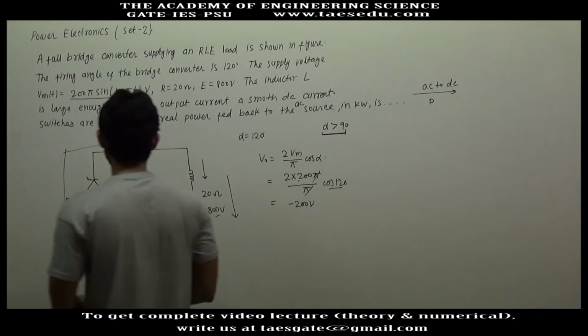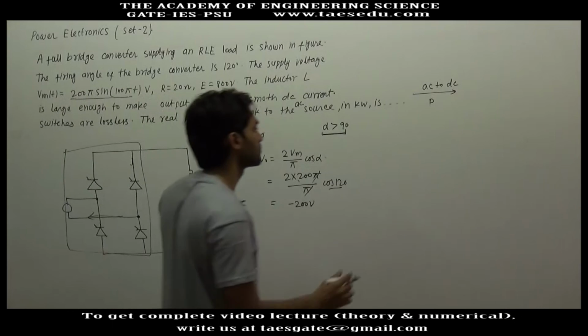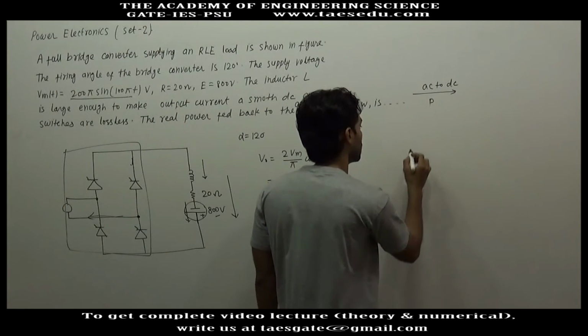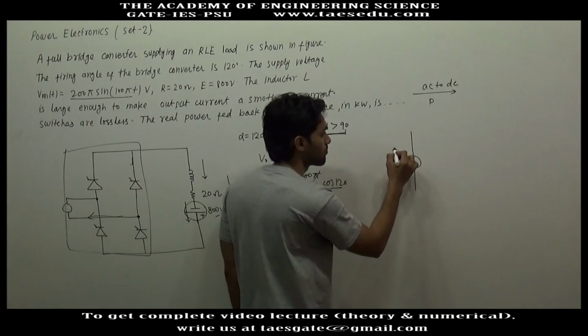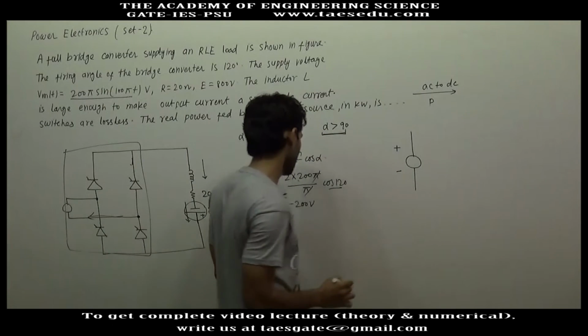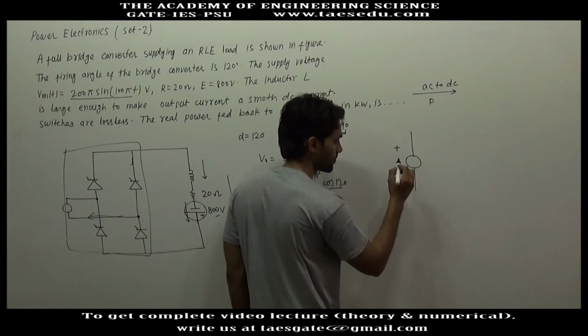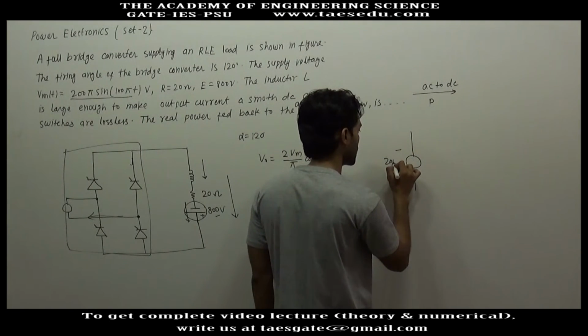It means instead of this AC source and this bridge converter, we can connect a DC source of minus 200 volt. If it was plus 200 volt, we would take positive here and negative here, but it is minus 200 volt, so the positive will be here and this will be negative. This is 200 volt.